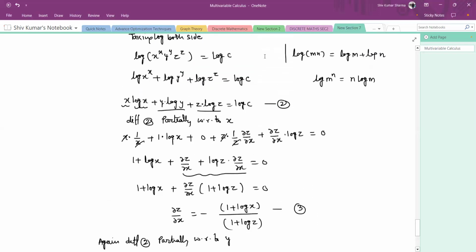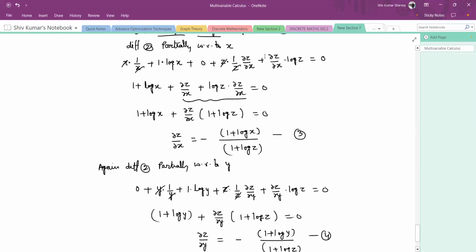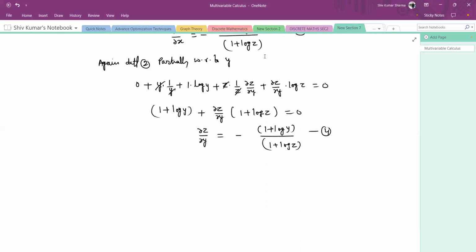Now we see that we have to calculate del square z upon del x del y. So now we differentiate equation 4 with respect to x partially. So with respect to x partially, we write del upon del x into del z upon del y.